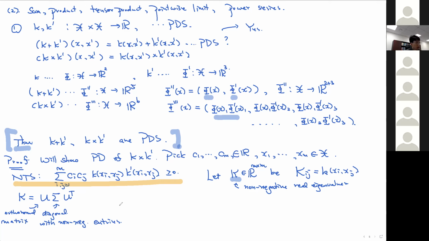So we can define K half, almost the same as K, except that for all the diagonal entries in sigma, we take the square root.